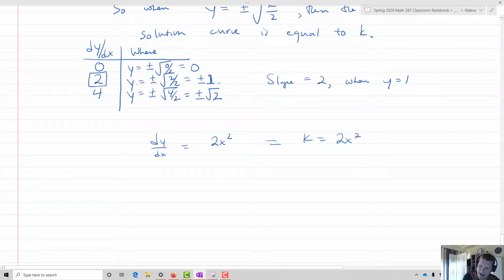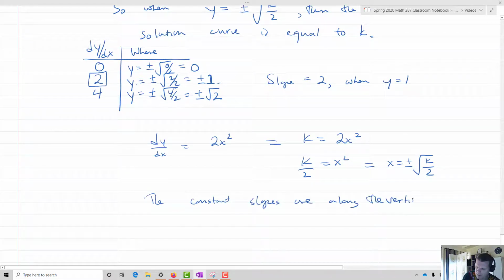Then x squared is equal to k over 2, and so x equals plus or minus the square root of k over 2. Which basically means that instead of having horizontal lines, the constant slopes are along the verticals. And those are isoclines.